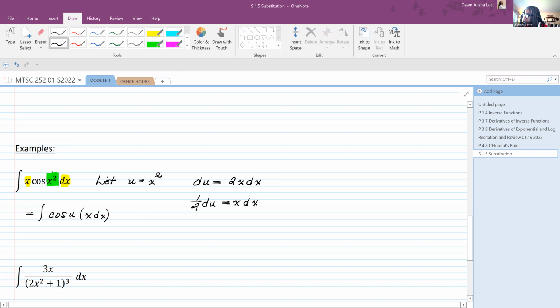Because this was the cosine of u, remember u was x squared, and the x dx is what was left. x dx is now 1/2 du.